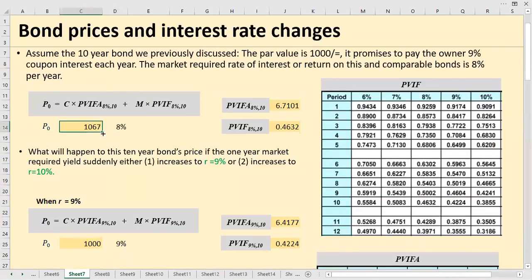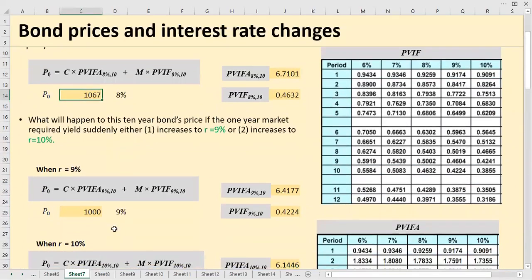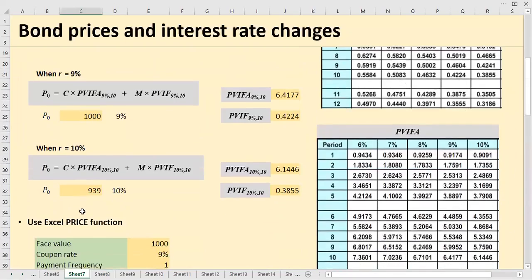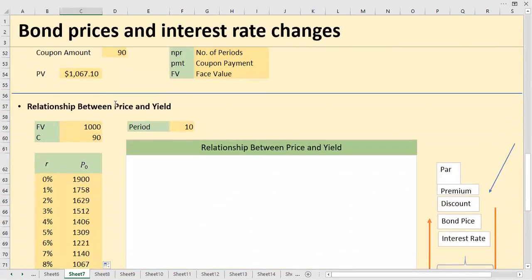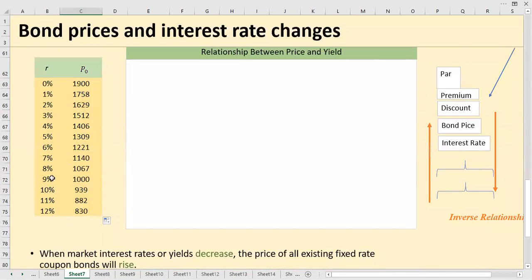For 8% we got 1067, for 9% we got 1000, and for 10% we got 939. So we can verify that. Go to 8%, we got 1067. For 9%, again we got 1000. For 10%, again 939. So this formula is okay and correct.